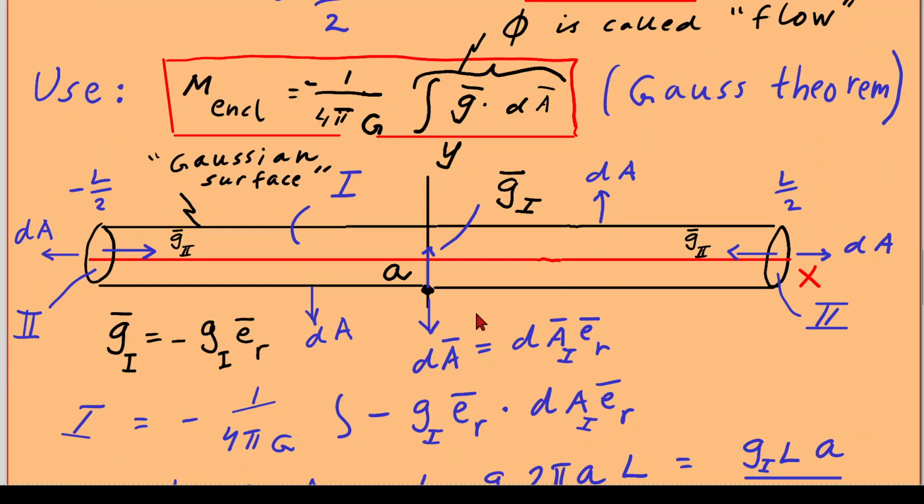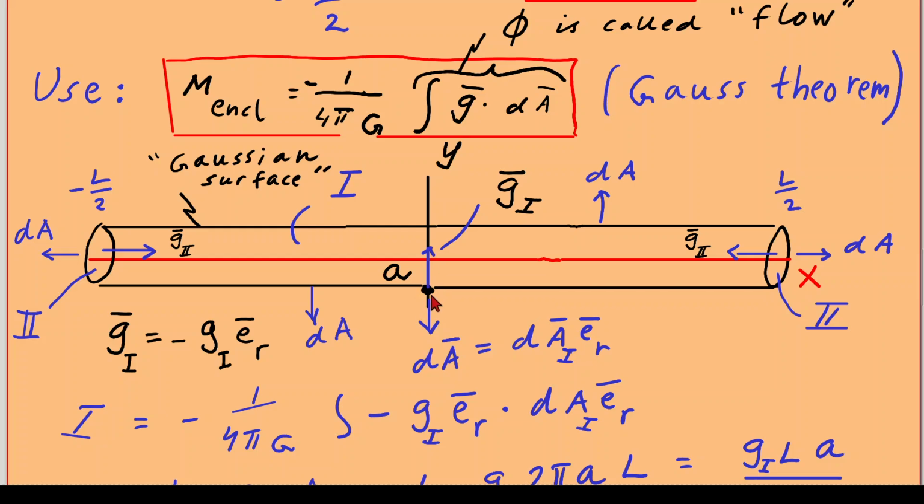And if we are at this point here, and we say the x-axis is over here, the red line, then in polar coordinates you could draw a radial vector down here, but the g field is upwards.